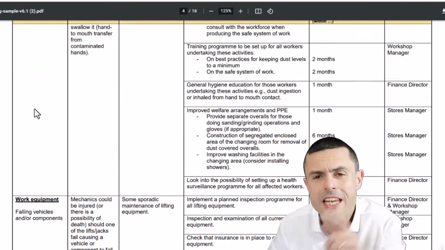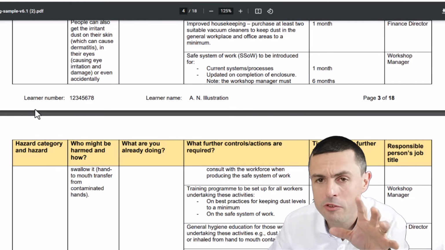Now, the next thing is, and this is where I'm going to start to disagree with NEBOSH a little bit, because there is what NEBOSH officially say is acceptable, and then there's what examiners say is acceptable. And unfortunately, and I'm not criticizing NEBOSH or examiners per se, because I know how hard it is to be an examiner, but some examiners do seem to have a slightly higher standard, slightly different standard.